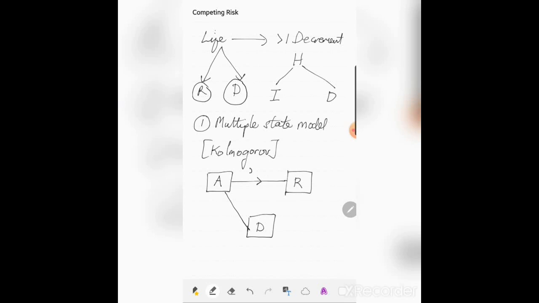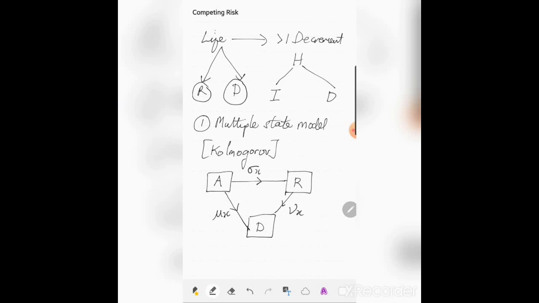From an active state he is going to a retired state with, let's say, transition intensity sigma x. From an active state he is going into a death state with a transition intensity nu x, and from a retired state he is going to a death state with a transition intensity nu x. Here there are no other modes, because from the retired state he can't go back to the active state.